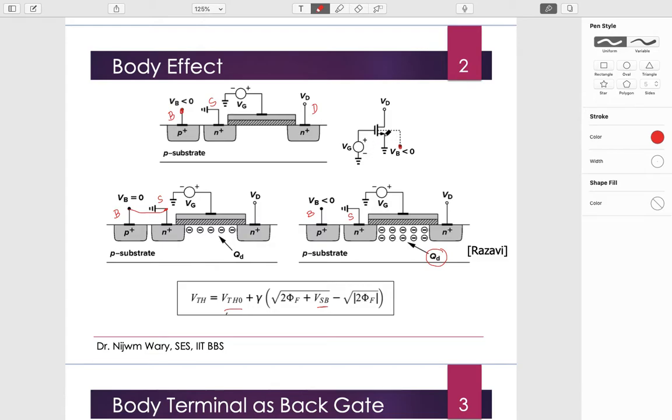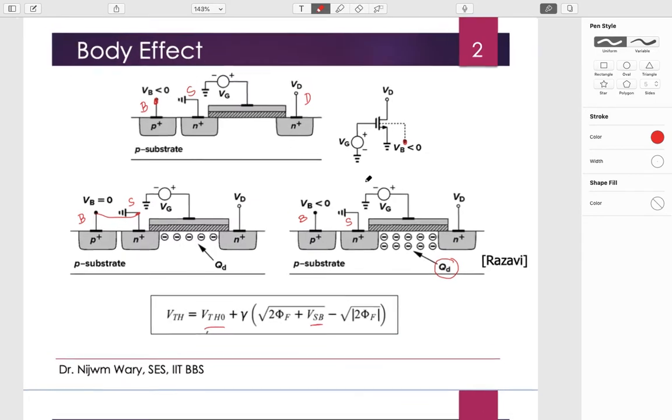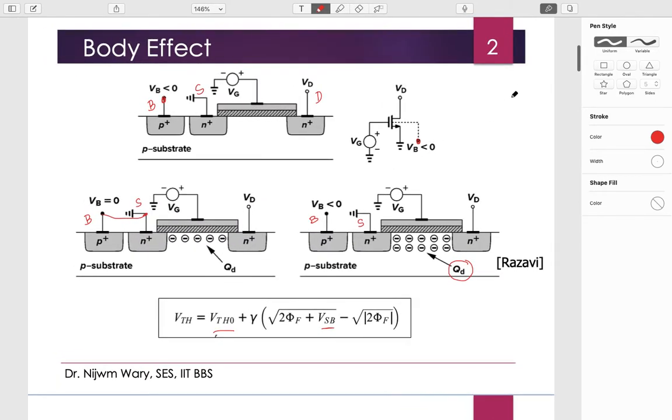Even if we don't want to manipulate it, situations arise where we have to. I'll show you the situation. Suppose I have two NMOS MOSFETs connected something like this.